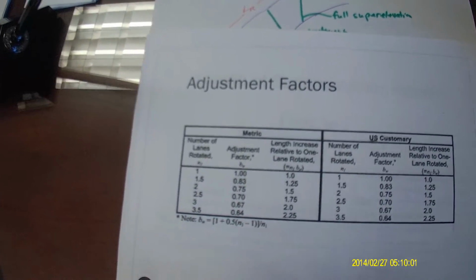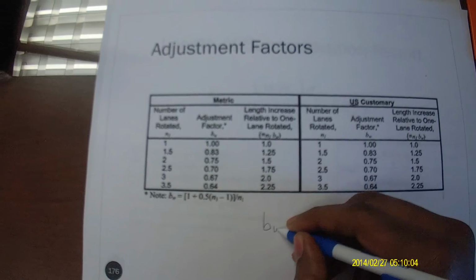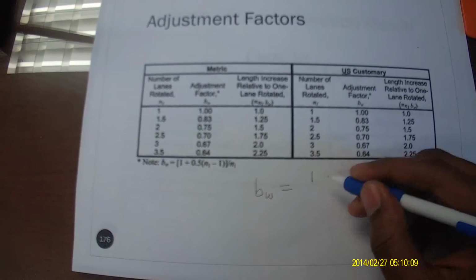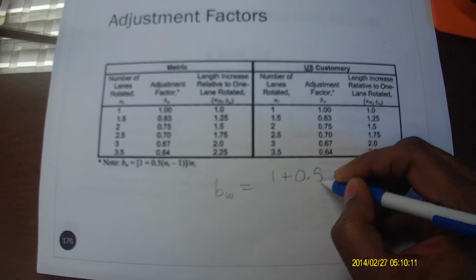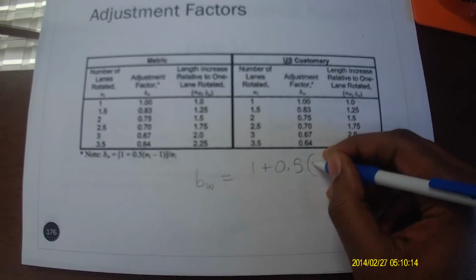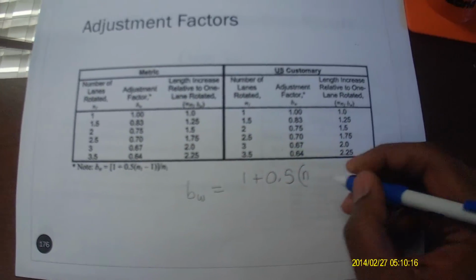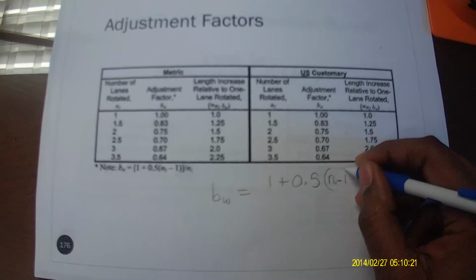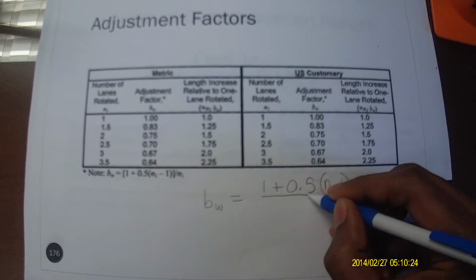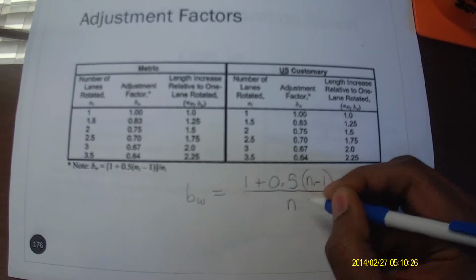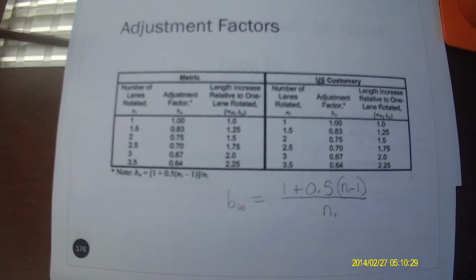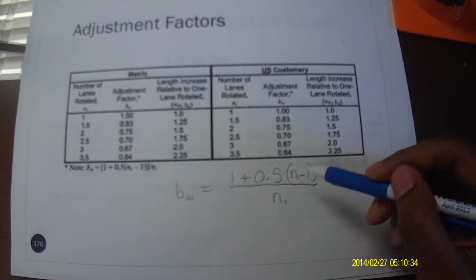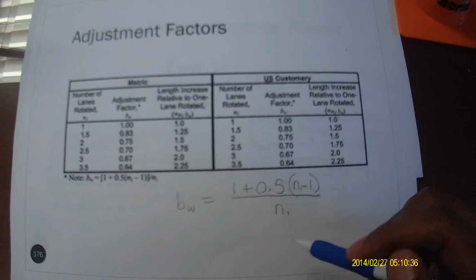So it is V sub W is equal to 1 plus 0.5, just in case you can't see it, multiplied by everything in this parentheses, which is the number of lanes being rotated, minus 1. And all of that is going to be divided by the number of lanes. Okay, so you can use that. So if you have 4 lanes being rotated, you place 4 here, and you end up with your adjustment factor.